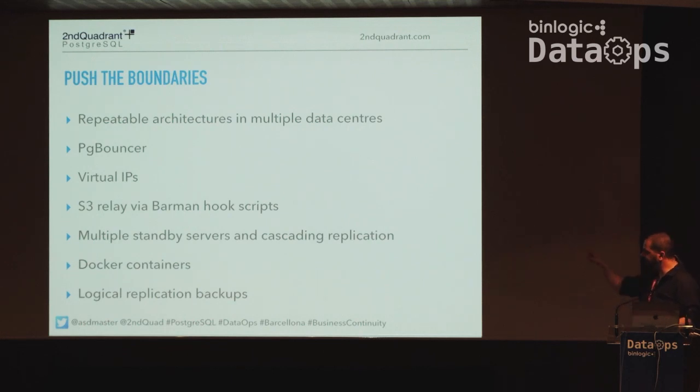We can add S3 relay using Barman cloud scripts, so you can execute backups and archive them on S3, or you can receive WAL files and archive them on S3. We can have multiple standby servers in cascading replication. We can use Docker containers to wrap our server if necessary, for Barman, for example, or for the repmgr server, and execute logical replication backups.